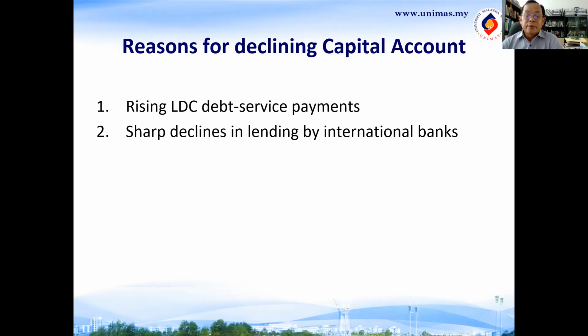So in other words, less money, less capital coming in, available to the developing countries. Plus massive capital flight from the less developed countries. In other words, individuals or companies taking their money out, and invest ataupun simpan di negara asing, ya.